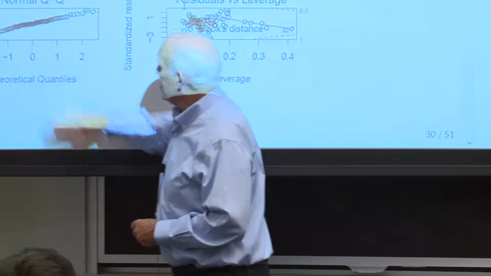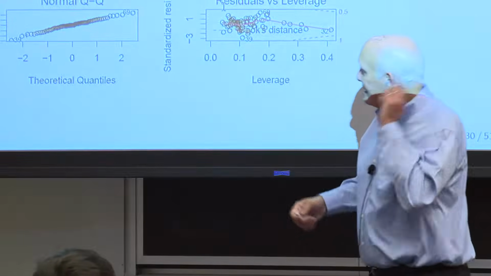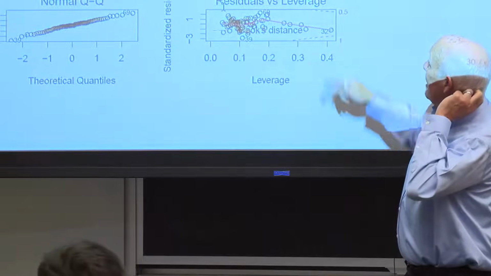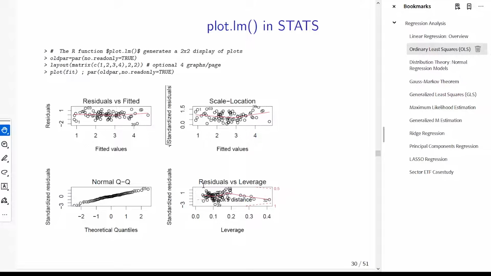We can also look at the normal QQ plot to see whether the data are consistent with normal or not. And then one can look at measures of the scale of the residuals.